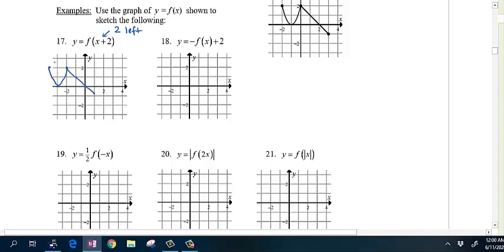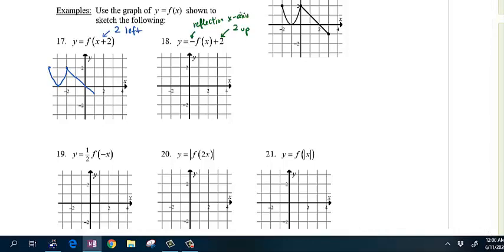Done. Okay, 18. What do we see here? This plus 2 outside the function means 2 up. This negative in front means a reflection in the x-axis. So it's up to you which one you do first. I'm actually going to do the reflection first.